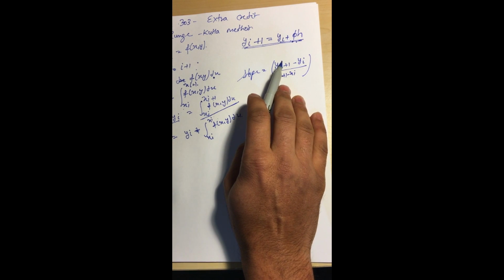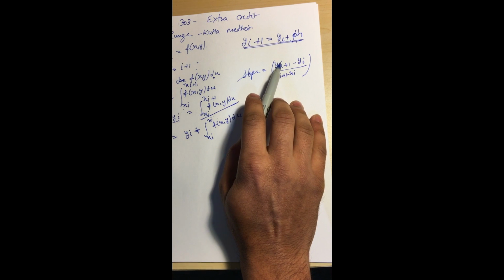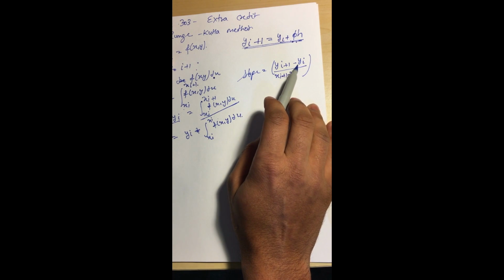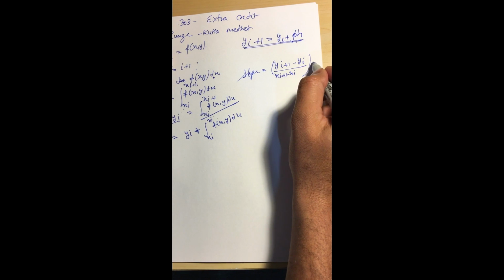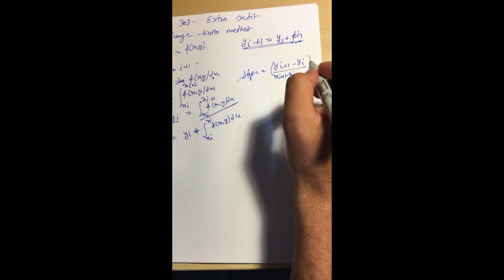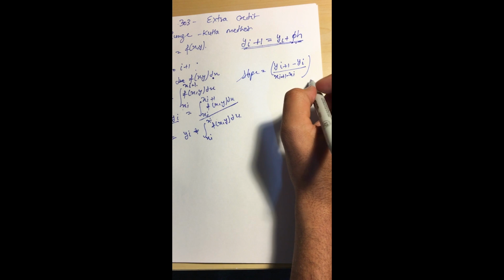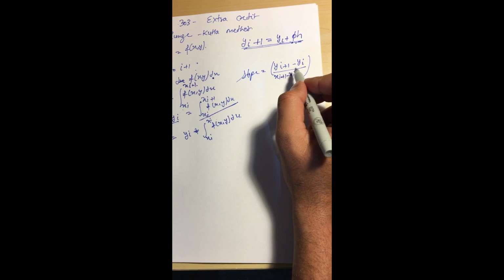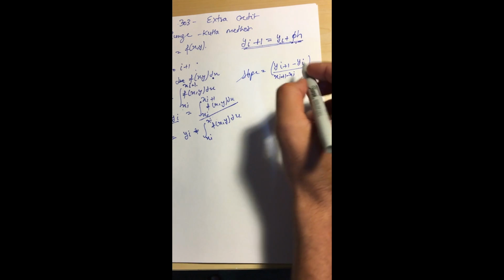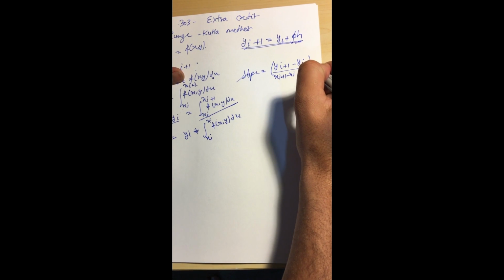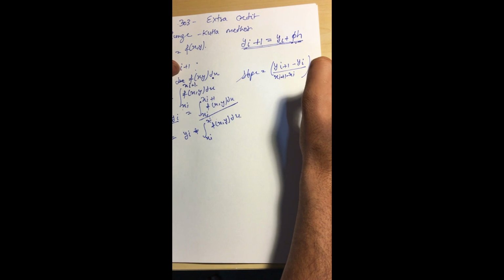This is our next slope, and we can multiply it by our step size, which is x_{i+1} minus x_i.